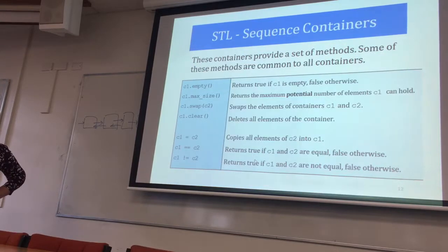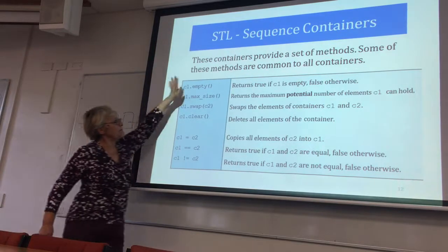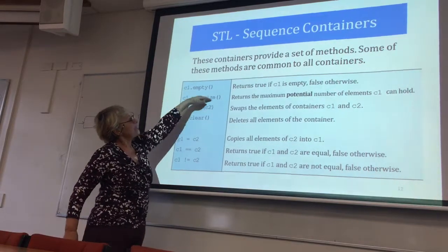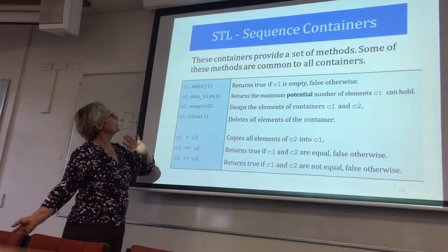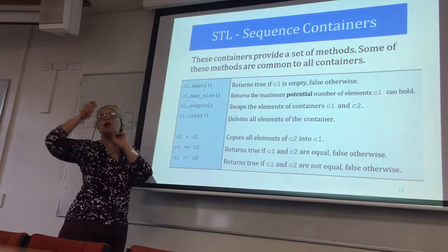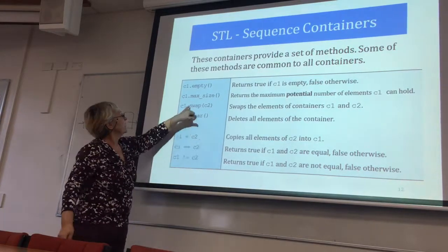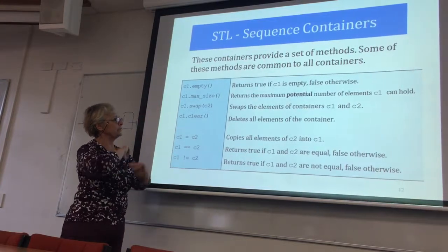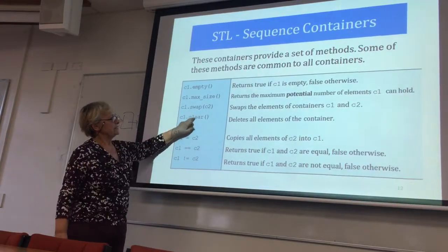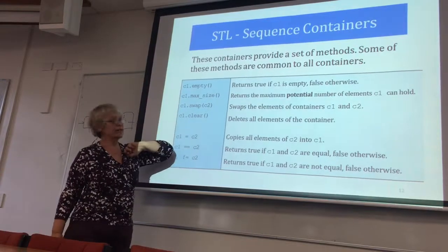Right. So, in terms of these sequence containers we have talked about, they are similar because they are organized in linear fashion. You have empty, max size, the largest number of elements you can store there before a reallocation is done. How to swap, so you can swap vectors, lists, and clear deletes all elements of the container.